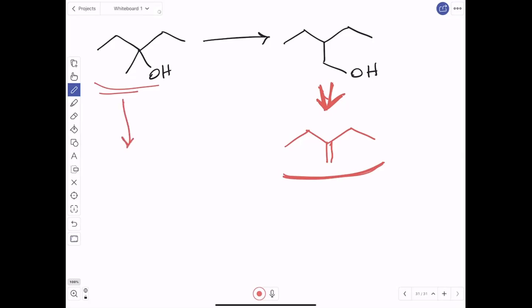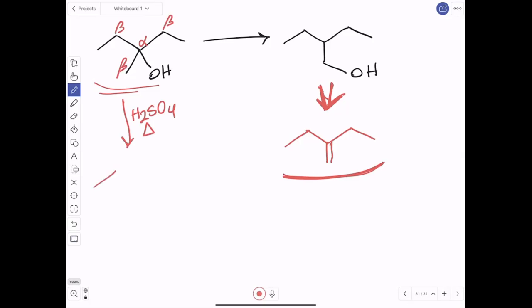Because from alcohol to alkene, it's dehydration, right? And the first reagent that I remember for dehydration is sulfuric acid and heat. But what will be the product of this reaction? This is the alpha carbon, beta. Do I get Zaitsev or Hofmann?